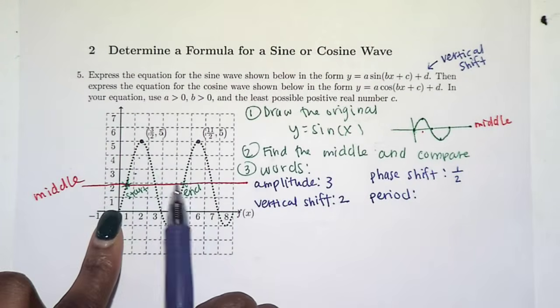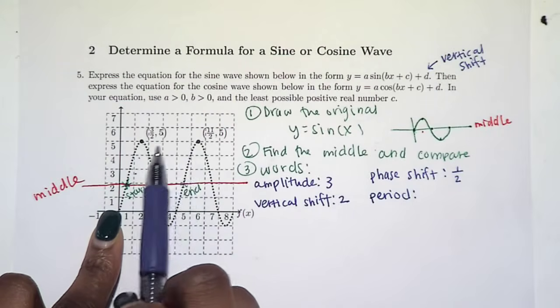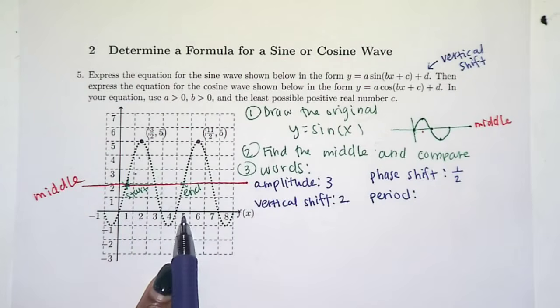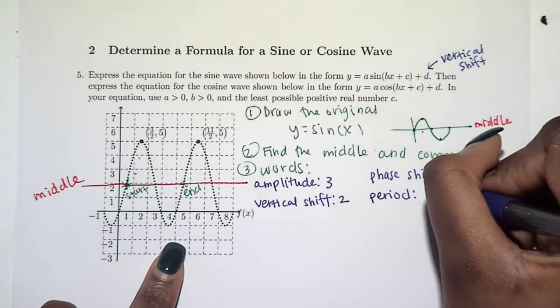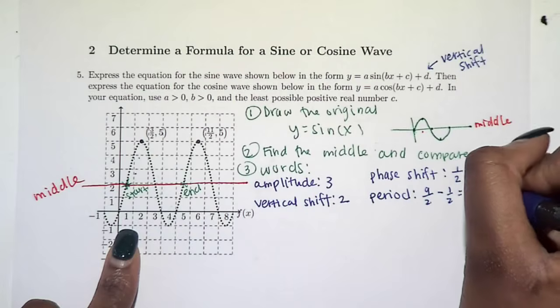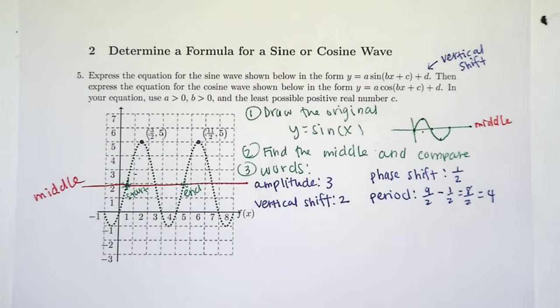I'll use my starting and end points since I put them there for a reason, but you can always use wherever we repeat again. So I'm going to go with here, so between 4 and 5, that's going to be 9/2, and subtract where we started, 1/2. So the period of our graph is 8. And so it's very tempting to try to use these numbers as our final answer, and that is not correct.